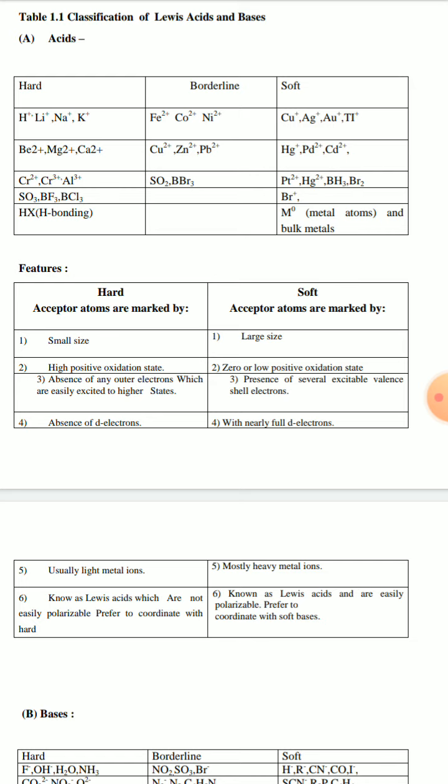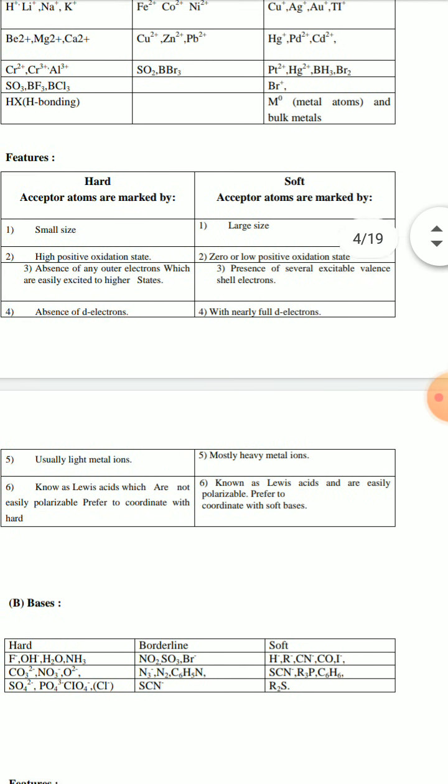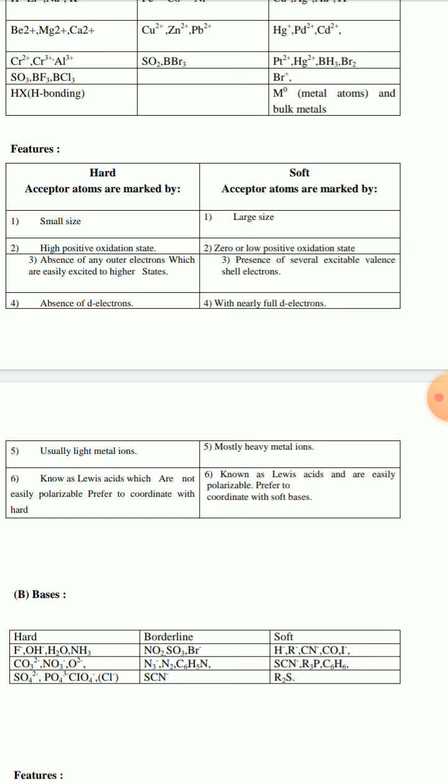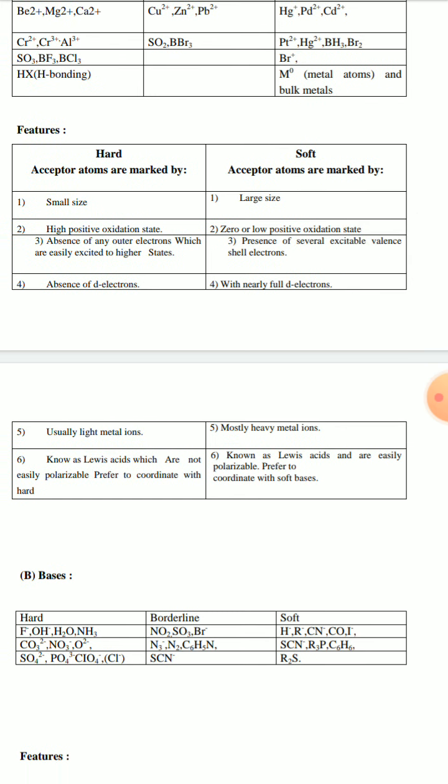Hard acids are usually light metal ions, and soft acids are mostly heavy metal ions. Hard acids are Lewis acids which are not easily polarizable and prefer to coordinate with hard bases, and soft acids are Lewis acids which are easily polarizable and prefer to coordinate with soft bases.